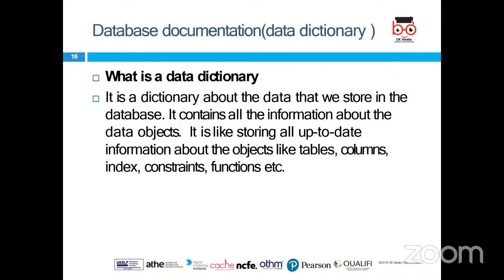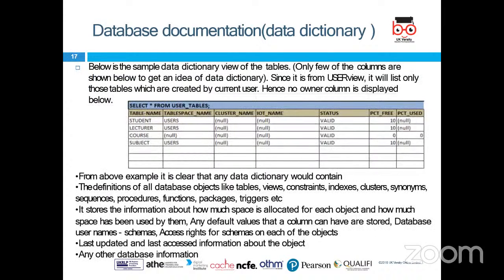Now we have to look into what a data dictionary is. A data dictionary is all about the data that we've stored in the database, and it is going to contain all the information about our data objects, like storing all up-to-date information about the objects such as tables, columns, indexes, constraints, functions.